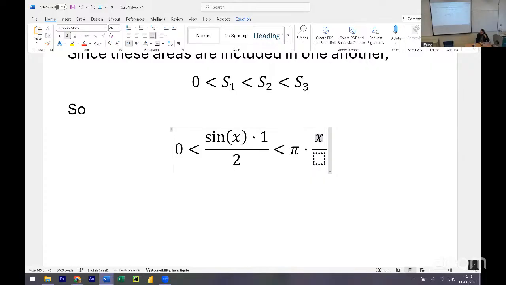Here comes the difference between radians and degrees. If the angle were to be measured in degrees, what would I write in the denominator here? 360. And then we will get pi over 360. If we take the 2 out, it will be pi over 180. We had the discussion last time.